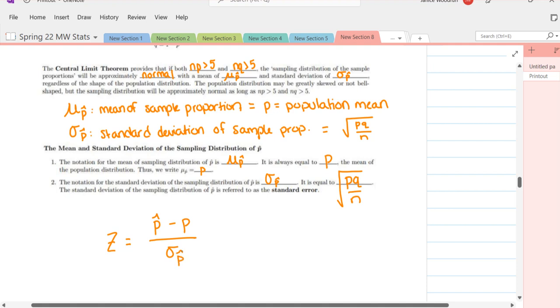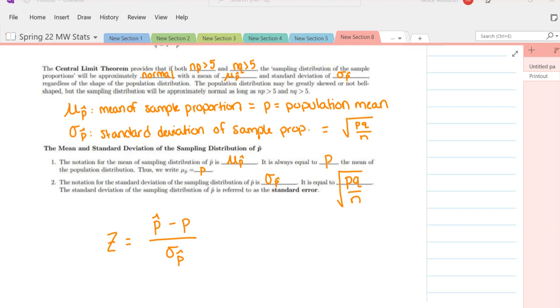So the value p hat that we're trying to find, so basically your x there, minus the population mean over the standard deviation. So really the standard deviation calculation is different depending on if you have a population, a sampling distribution, or now a sample proportion. Yes, these will be on the formula sheet.